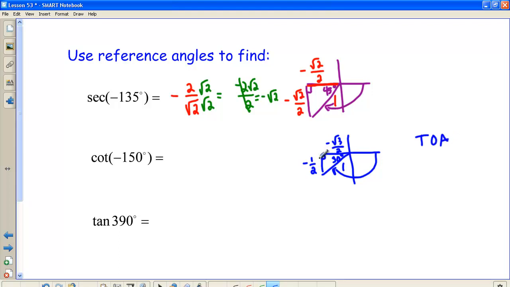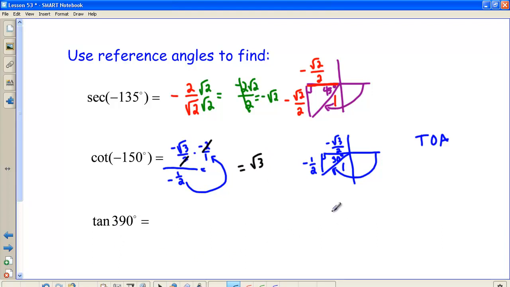So my adjacent side over my opposite side. Now remember, dividing by any fraction is the same thing as multiplying by the reciprocal. All kinds of nice things are going to happen. Negative times negative is positive, and you're going to be left with radical 3.